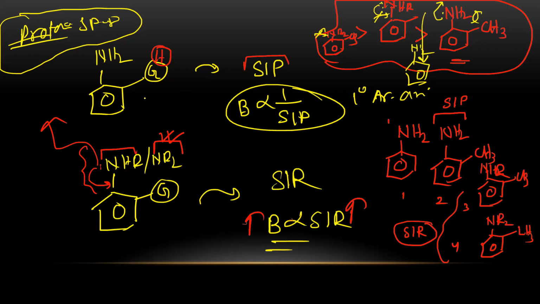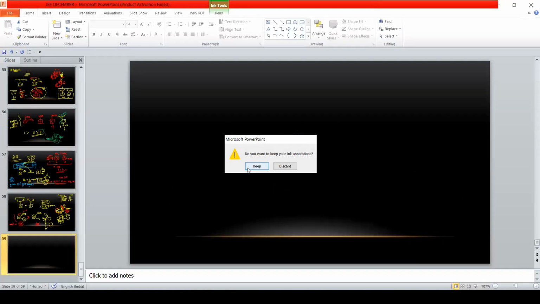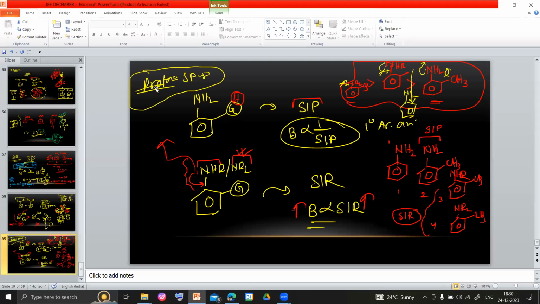As a sponge attracts water if you put it in water, in a similar way the proton affinity is too high, and we call those molecules proton sponges. Those molecules have that much proton affinity.